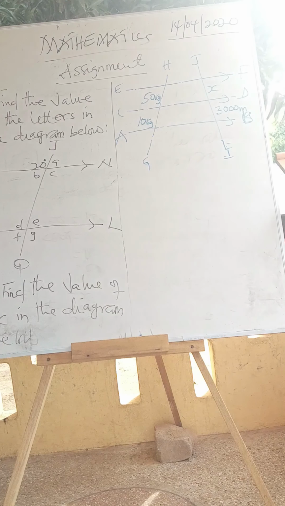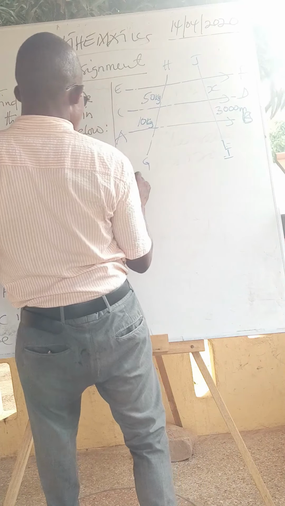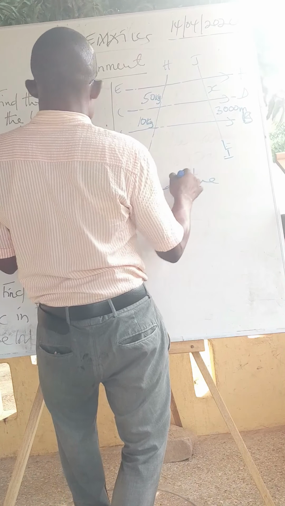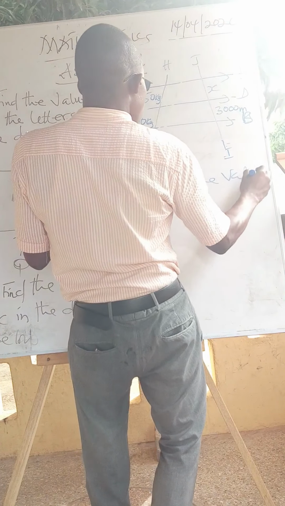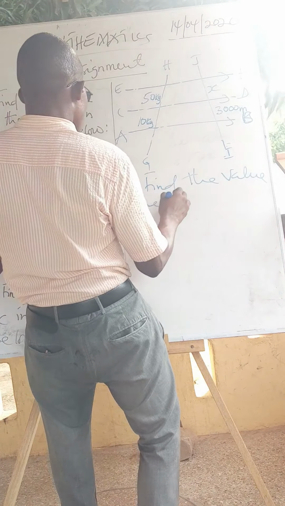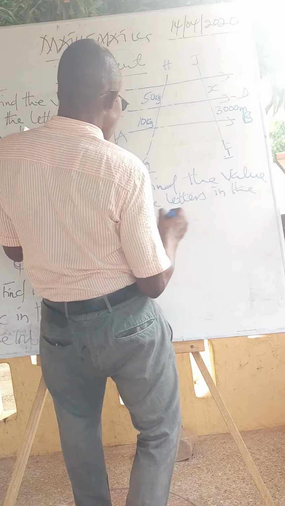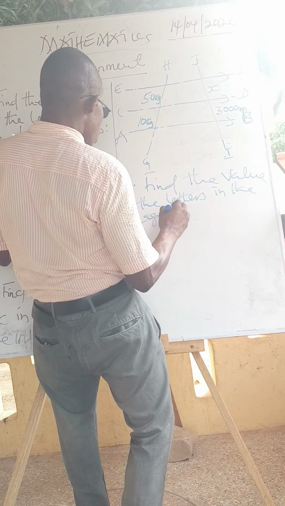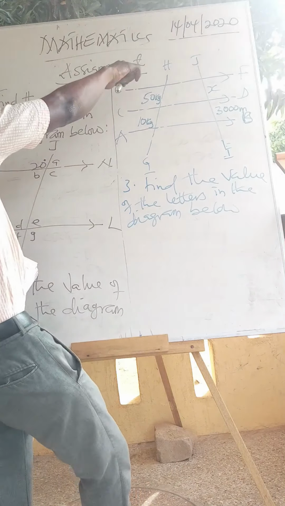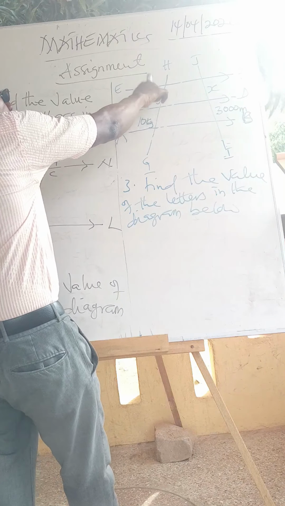Let's take the third question. Find the value of the letters in the diagram below. Take note. And then the third question.